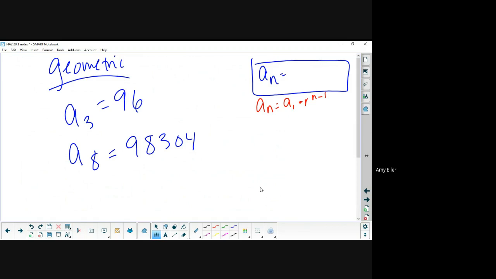Anybody get a formula that wants to share what they got? I'm still calculating.